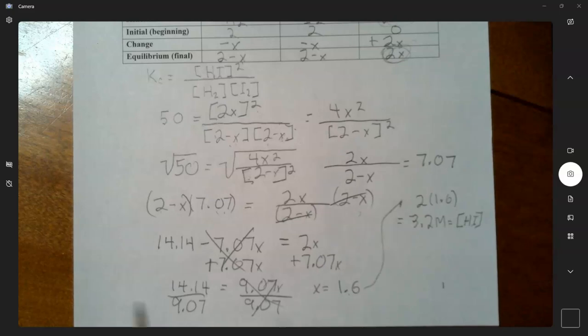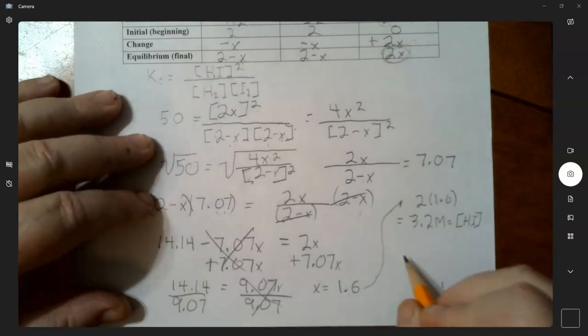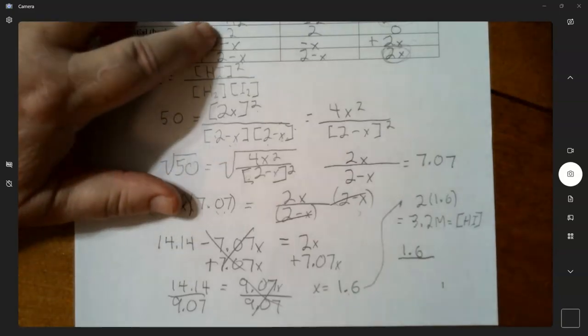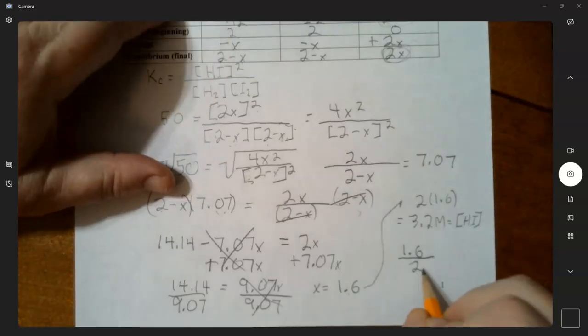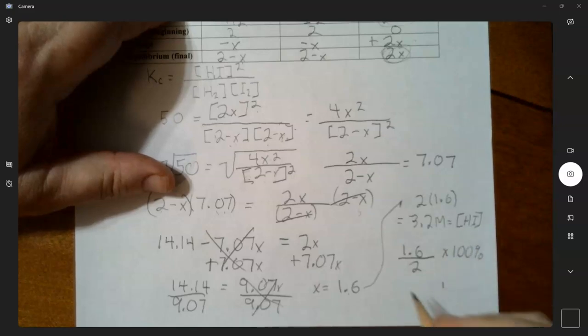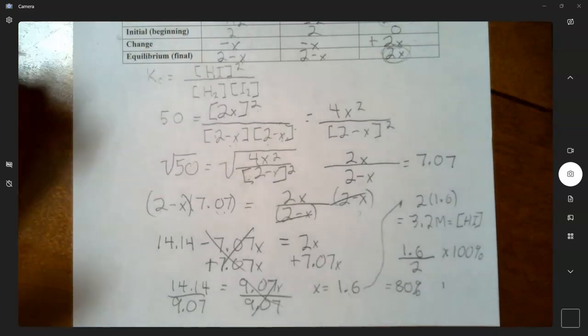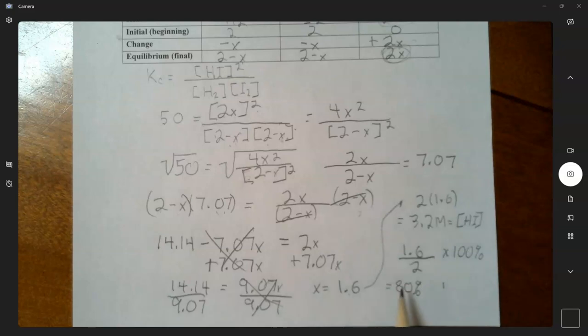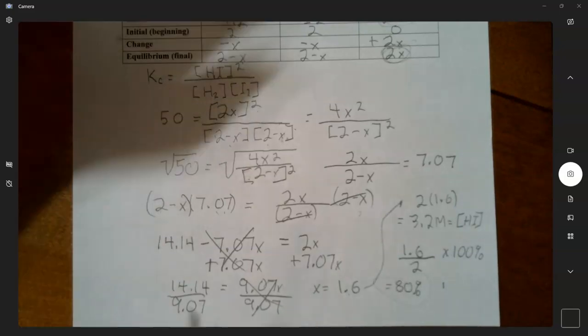That's way off, okay? So if I showed you the 5% rule, it would be the value of x, 1.6, over the initial concentration of 2 times 100%, and that would equal 80%. To use the simplification, you have to be less than 5%, not even close. All right, so that's that problem.